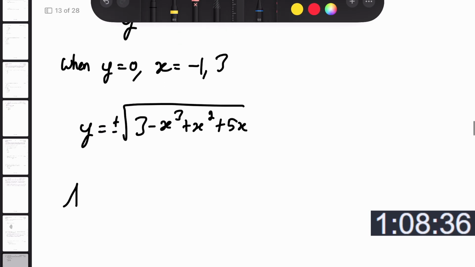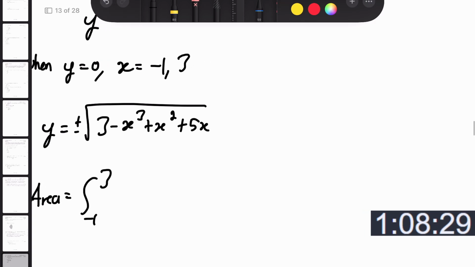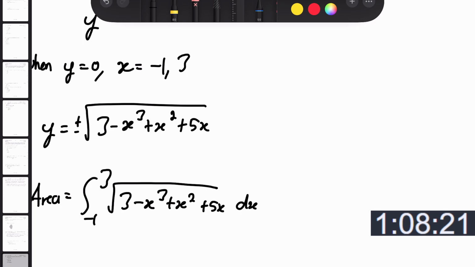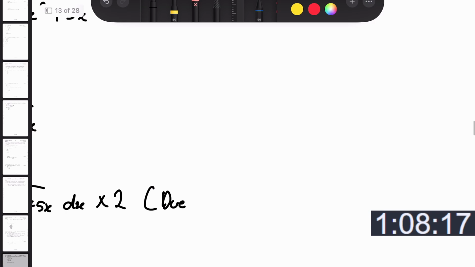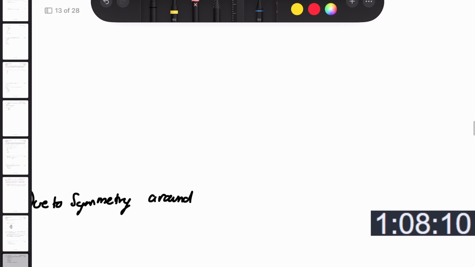So the area is equal to the integral from negative 1 to 3 of square root of 3 minus x to the 3 plus x squared plus 5x dx, times 2, due to symmetry around the x-axis.